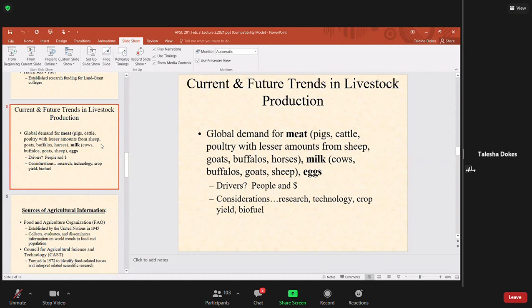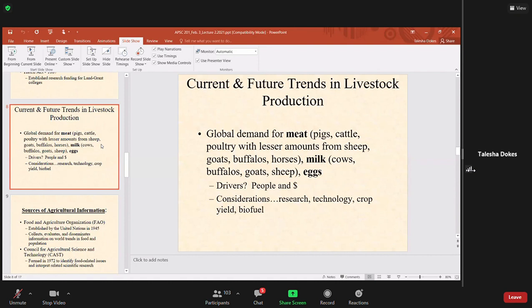The global demand for meat from pigs, cattle, and poultry is higher than for sheep, goats, buffalo, and horses. However, in my research on goats, goats have become an increasingly common household meat, the demand for those products has increased, and goat farms have also increased in recent years.